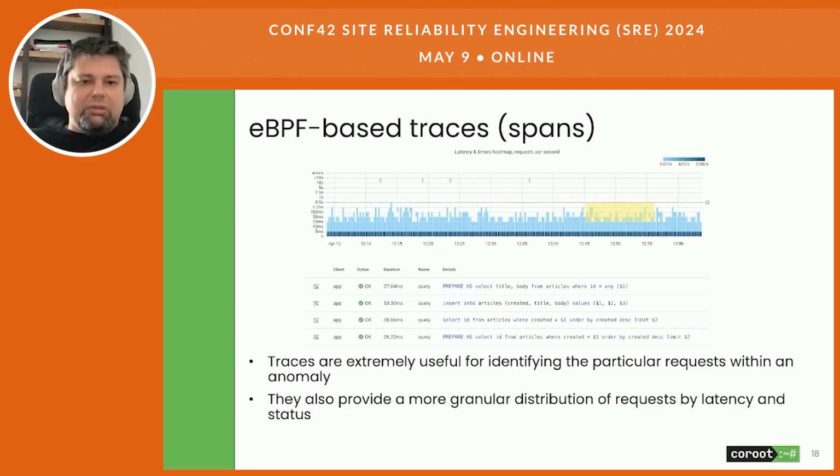So we can see, for example, that an application calls a database, and that some queries perform slower than others, and we can drill down and see particular requests, which is useful while troubleshooting.